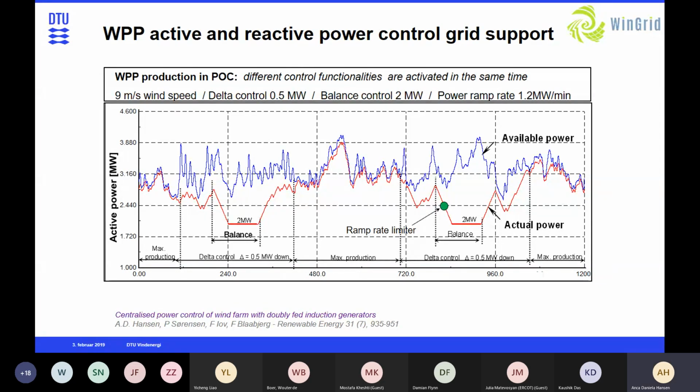As you can see here, we have 3 wind turbines, and the goal here is to show how different control functionalities can be activated consecutively or at the same time. So we have production of the wind power plant, 3 wind turbines, wind speed of 9 meters per second. So it's not very big, not very low.